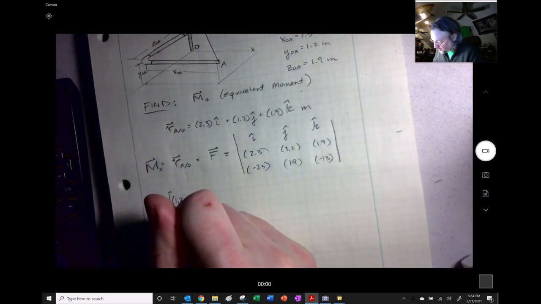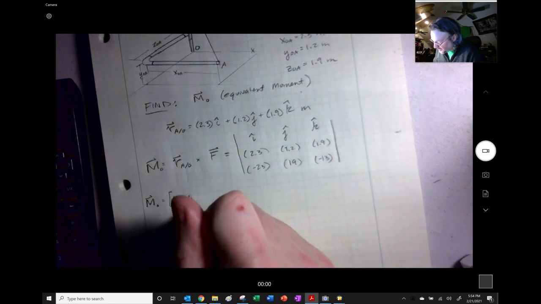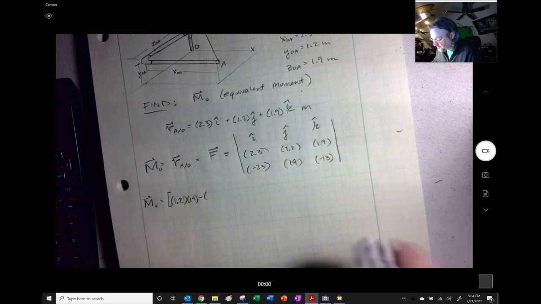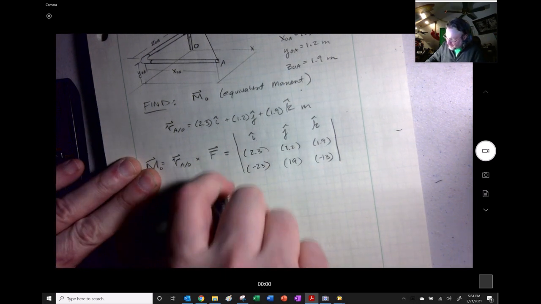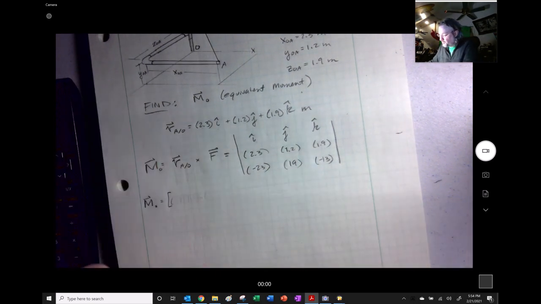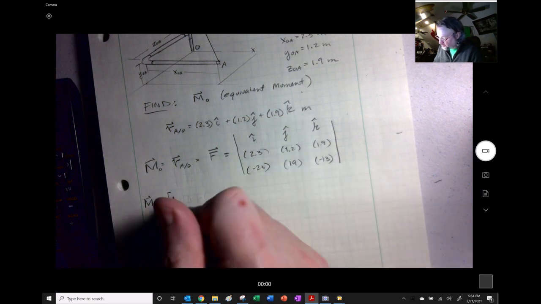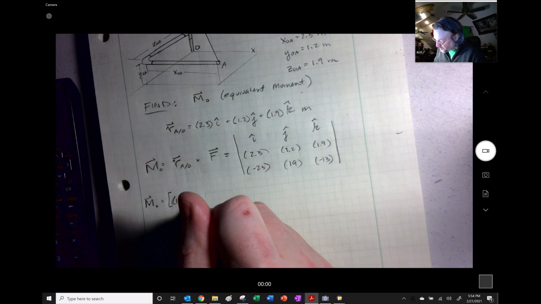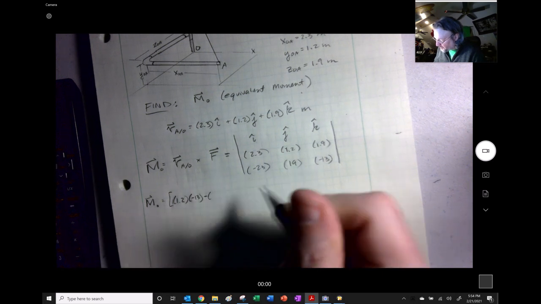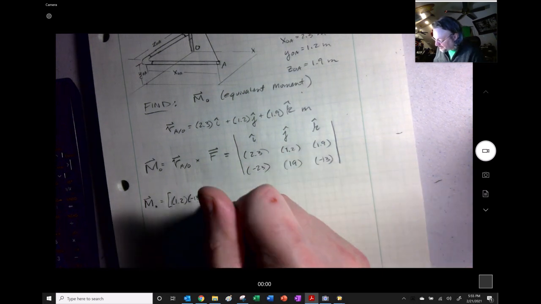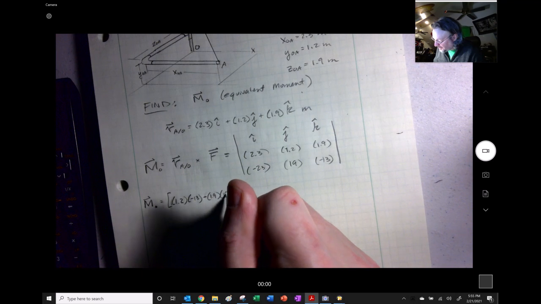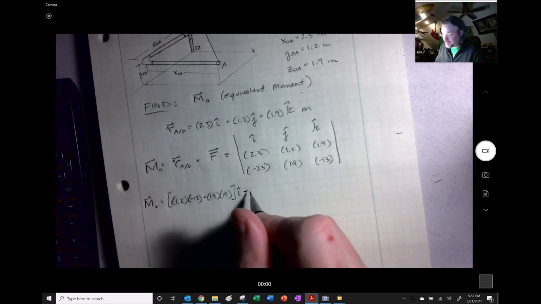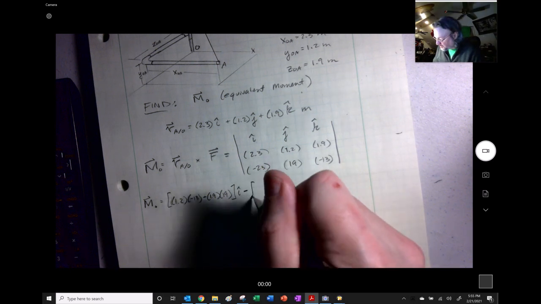Focus. 1.2 times our negative 13. And then the 1.9 crossed with the 19, and we got an I. Now here's the minus. Always remember the minus. I always forget the minus.